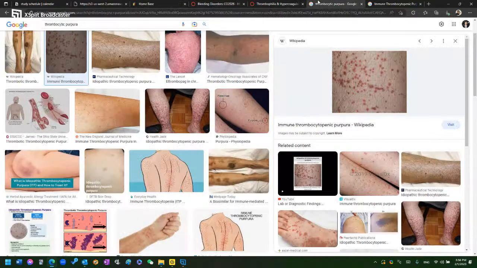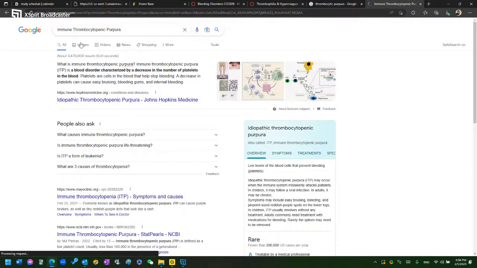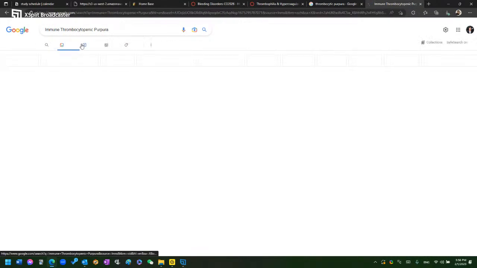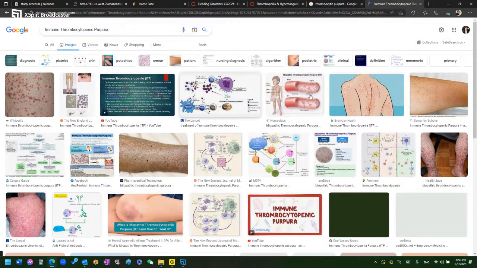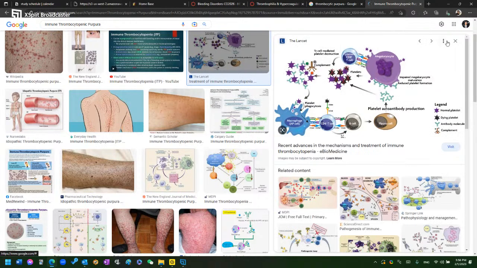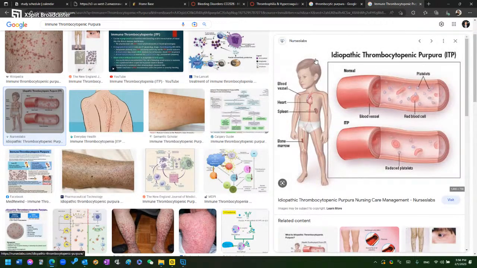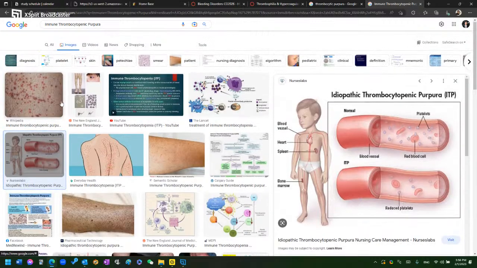Actually, I believe this is a clotting problem as well. If we see a diagram here. Not enough platelets.